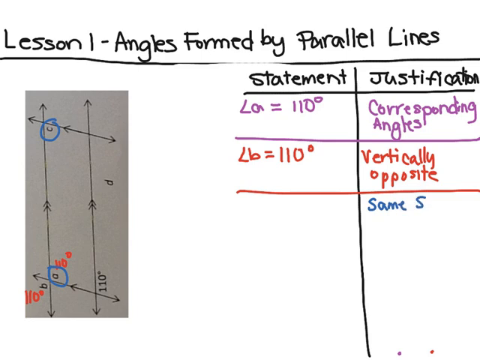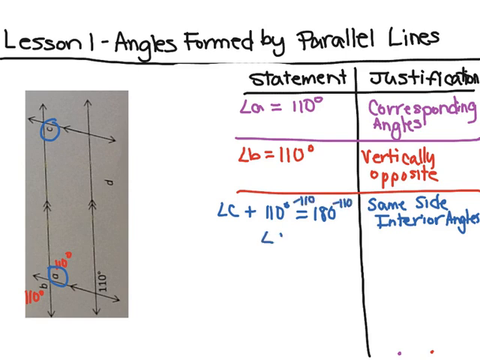So they're same side interior angles. And what we know about that is they equal 180 degrees. So angle C plus A, which is 110 degrees, equals 180. Solve for C, we subtract 110 from both sides, and angle C is equal to 70 degrees.